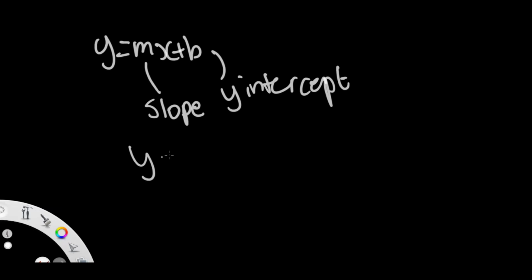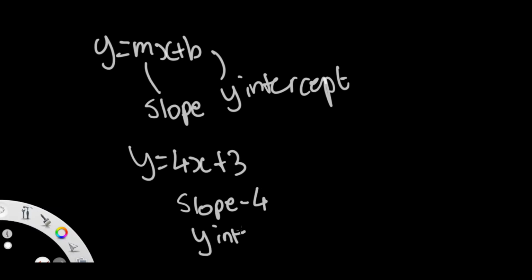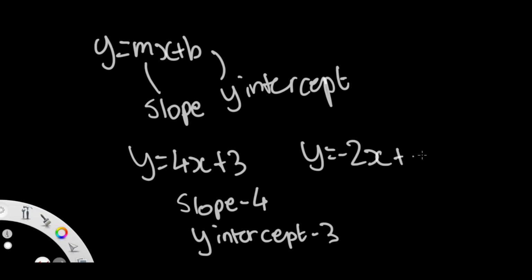For example, in y is equal to 4x plus 3, the slope is 4 and the y-intercept is 3. Similarly, in y is equal to -2x plus 5, -2 is the slope and 5 is the y-intercept.